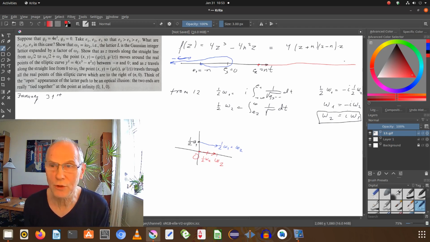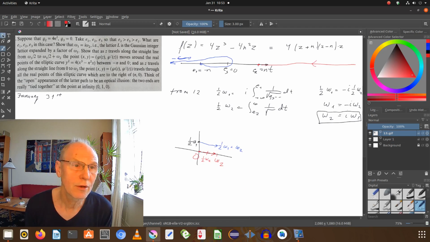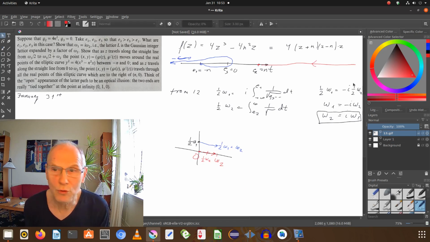yeah, that was the first half. This path will move, if we start at infinity and move inwards, we'll move from 0 to half omega 2. Now to go to omega 2, we'll have to go around and then outwards again.